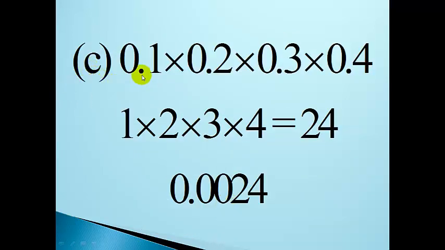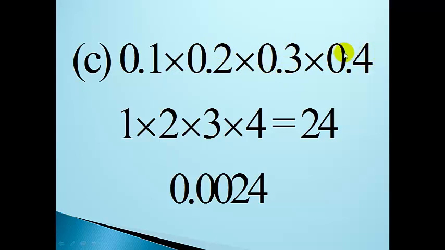Now C. 0.1 times 0.2 times 0.3 times 0.4. You ignore the decimal point and multiply the numbers. So we have 1 times 2 times 3 times 4, which is equal to 24. Now take note, we have 1 decimal place here, 1 decimal place here giving us 2, 1 decimal place here giving us 3, 1 decimal place here giving us 4.